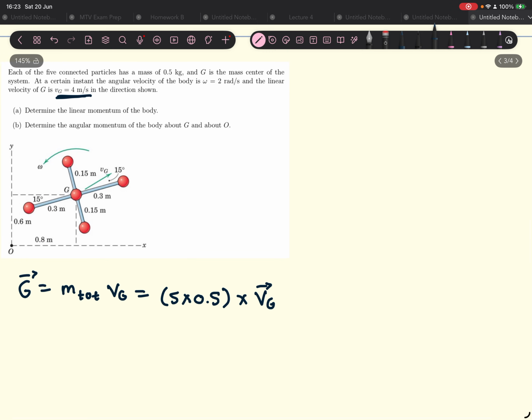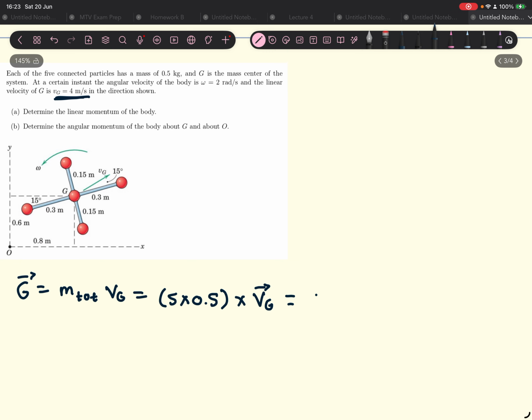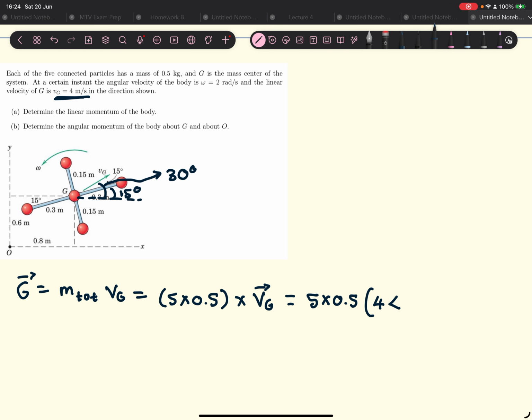So it's going to be equal to 5 times 0.5, and then the magnitude of Vg, which is 4, and then into the x component. The total angle over here is also going to be 15 degrees, so this total angle is going to be 30 degrees.